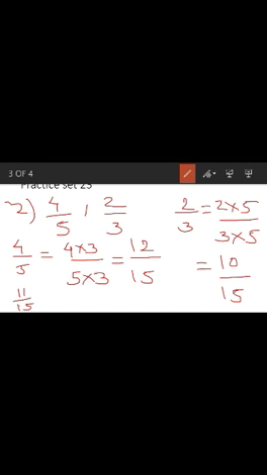Now easily you can say that 11 upon 15 will come in between these two numbers. But if we solve, we need to find out the 3 numbers which lie between these two numbers. How we'll find out that? That we'll see.